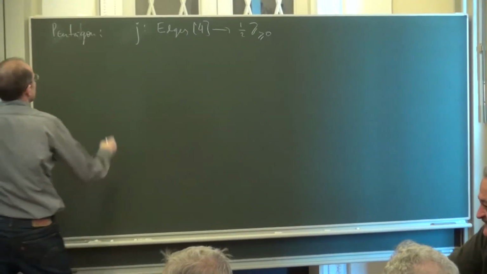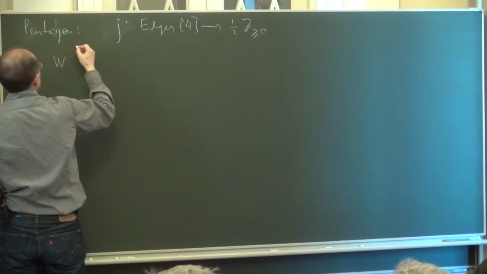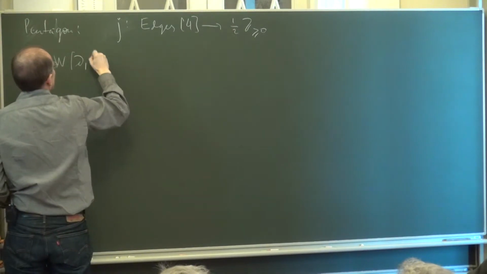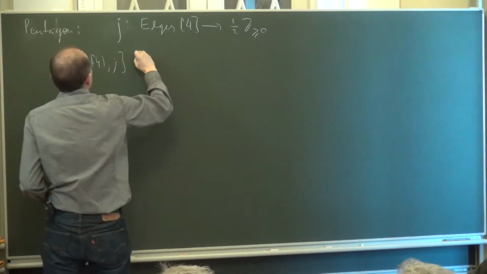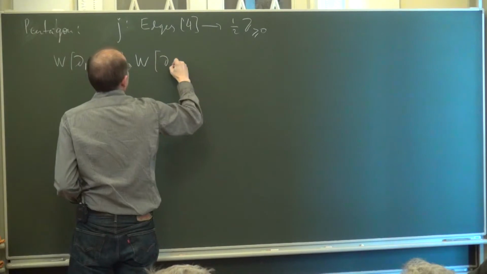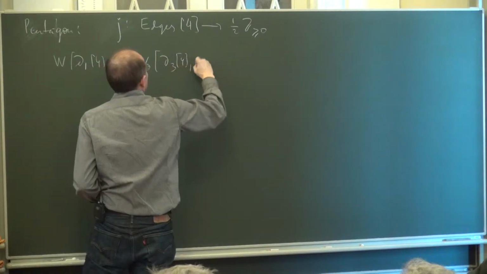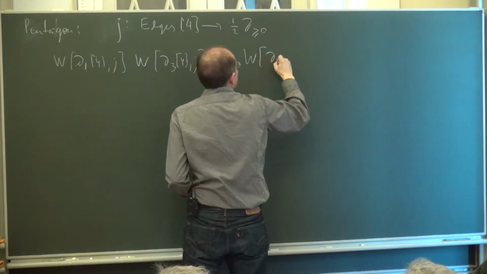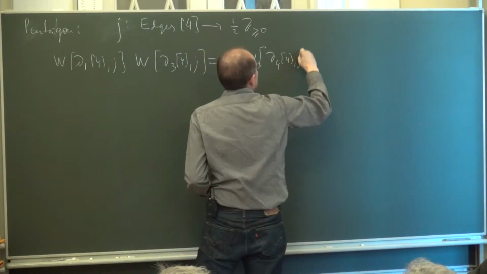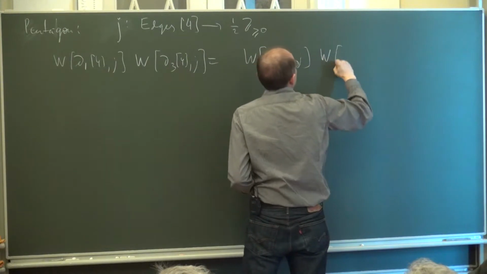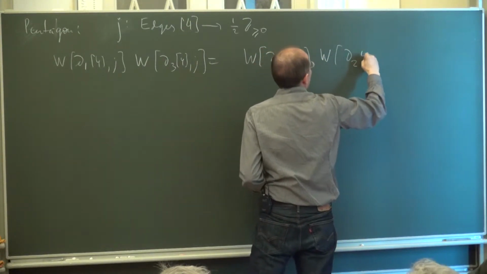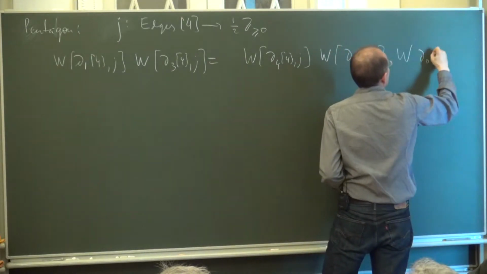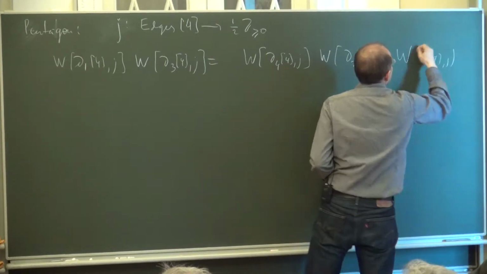We use it to produce an identity which says that the weight function of d1 of 4 j times the weight function of d3 of 4 j equals the same thing for d4 of 4 j, d2 of 4 j, and d0 of 4 j.